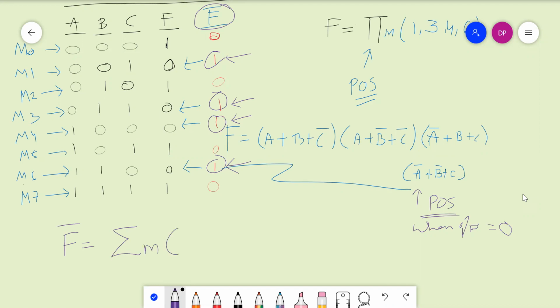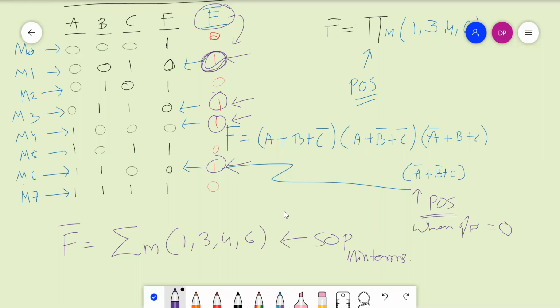For which combinations, small m is equal to 1, 3, 4, 6. This is written in terms of sum of products, so we have considered output to be 1, and then the variable can be written in terms of sum of products, min terms.